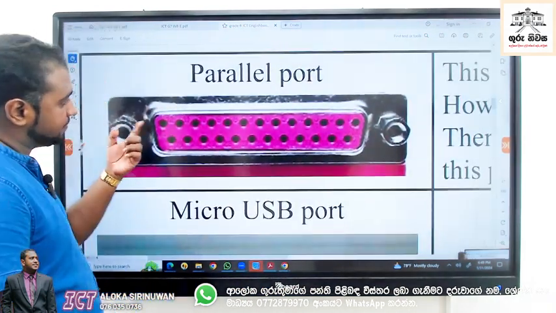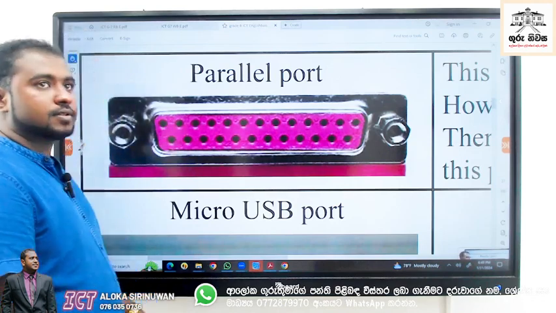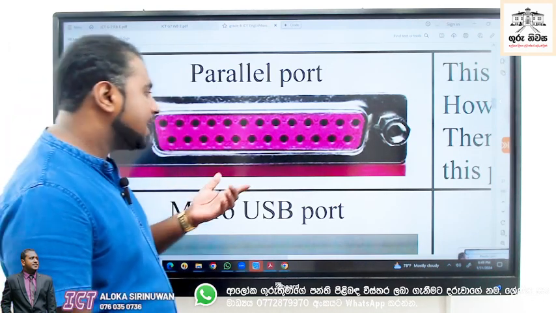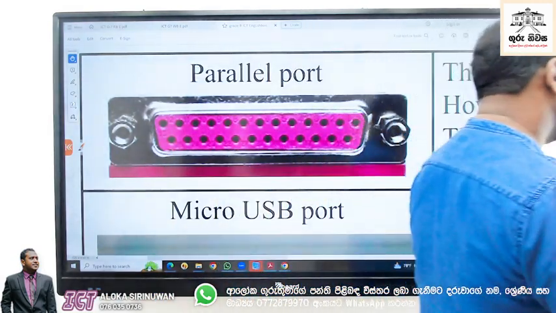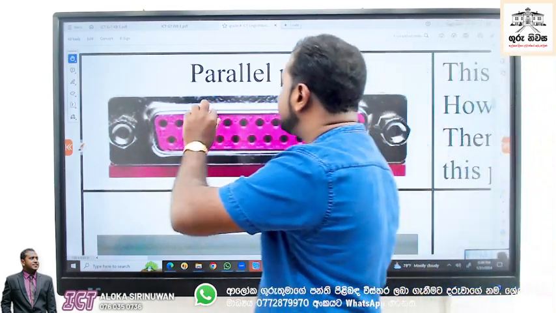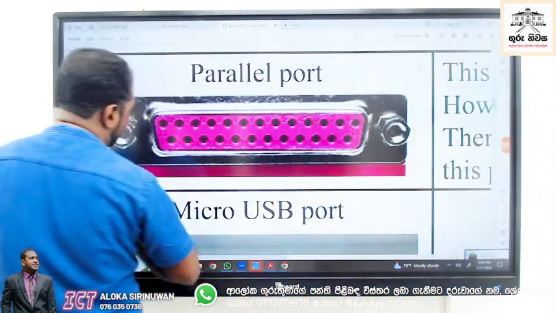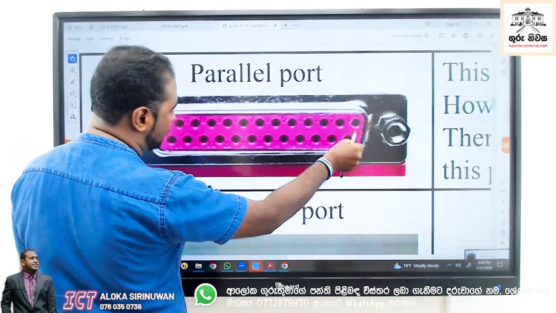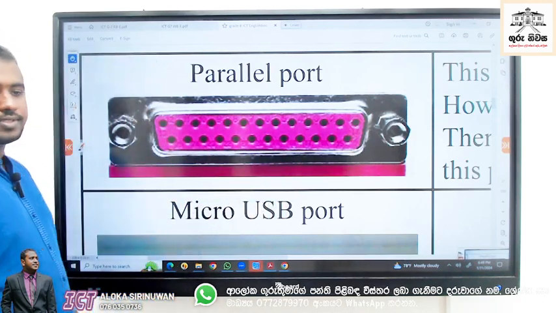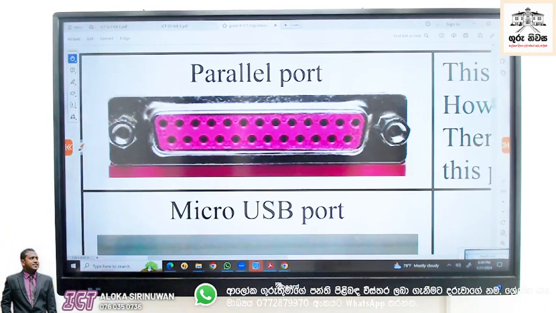This is a female port. Why is it called a female port? You can see holes in the port, right? Can you see some holes in the port? Therefore, this port is known as a female port. It has some holes.